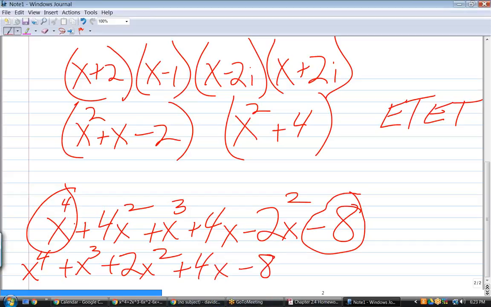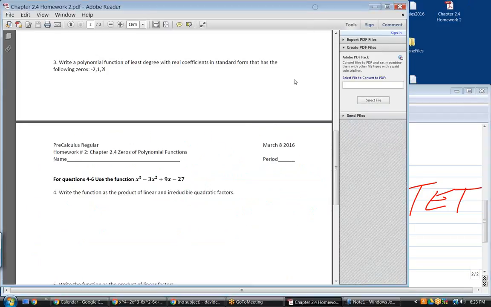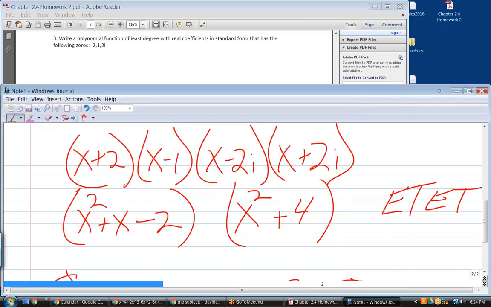And that took care of everything. So there is the polynomial that they seek. Write the polynomial of least degree. That's what it is. Fourth degree polynomial.